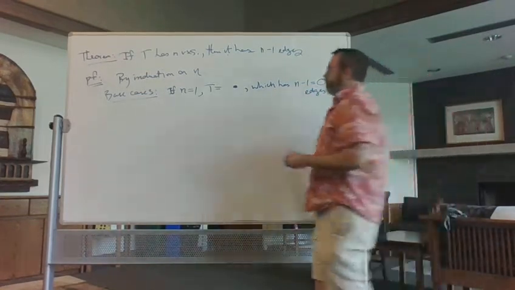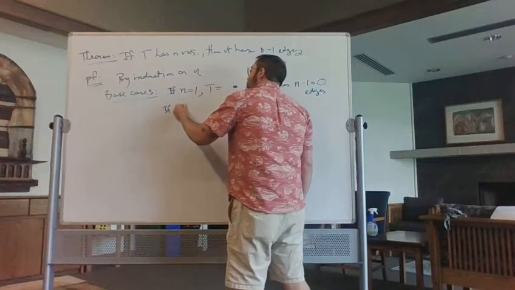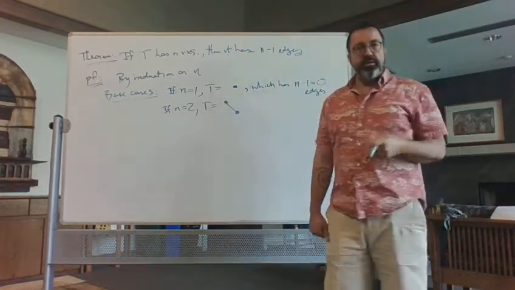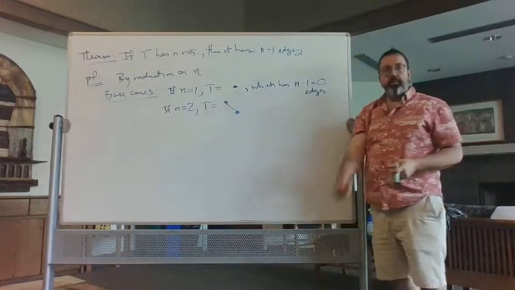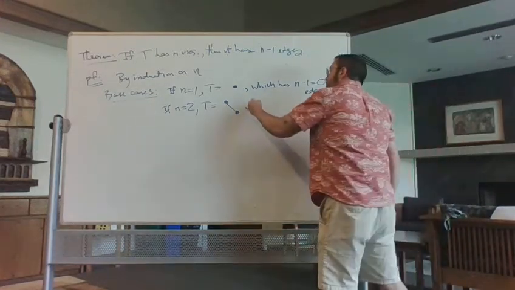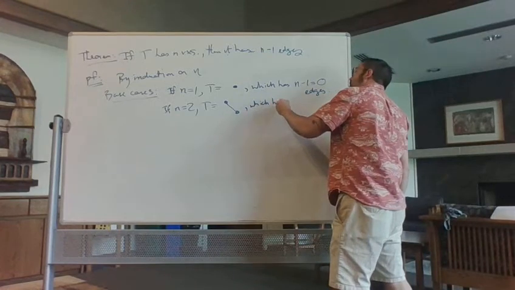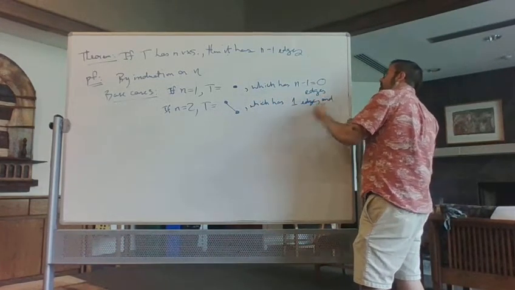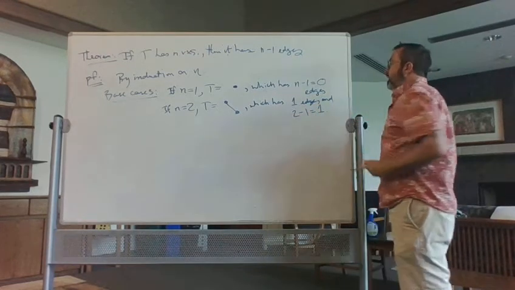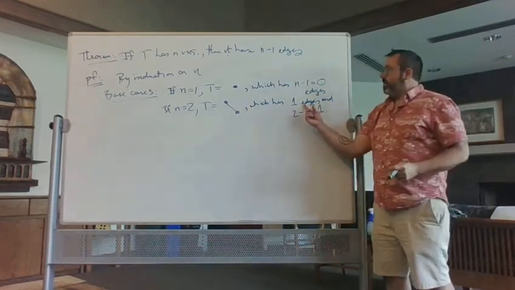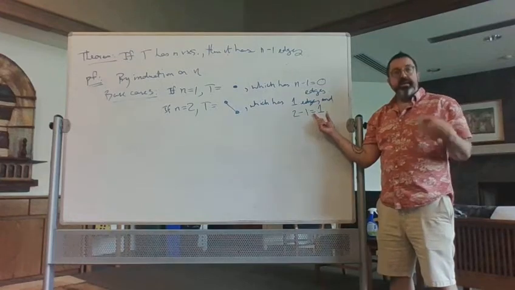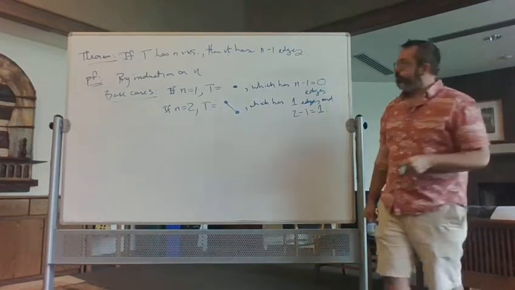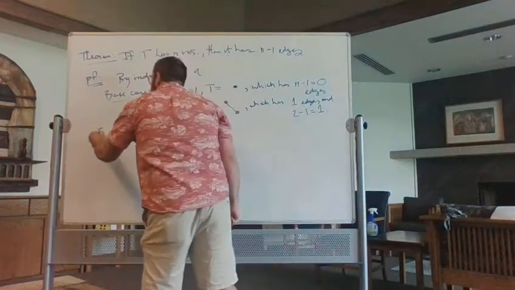So it's true. If n equals 2, it's pretty obvious that the only tree on 2 vertices is that one right there, a single edge, which has 1 edge, and 2 minus 1 equals 1. In other words, it clearly has a single edge, and the formula we're claiming should give us 1 edge as well, and so the 2 values match up. So our base case is true.